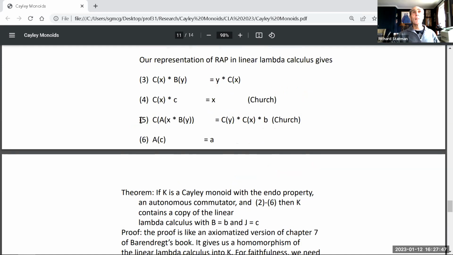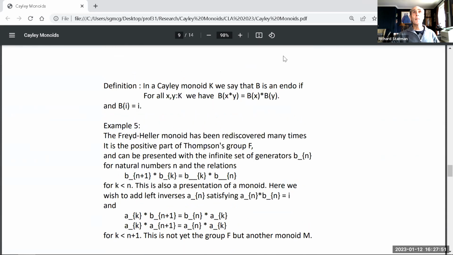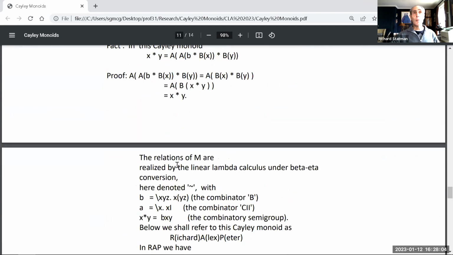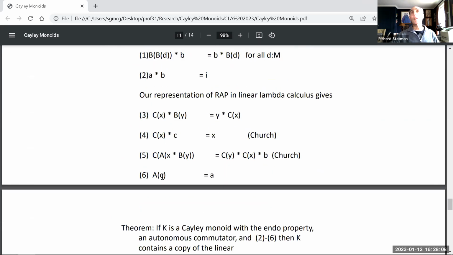Now note that I never said that the Fried-Heller monoid has an autonomous commutator. It doesn't. But if you assume that there's an autonomous commutator, which you do have in the case of linear lambda calculus, it is C. Well, who's J?